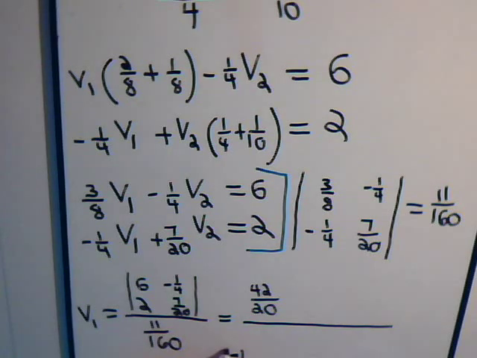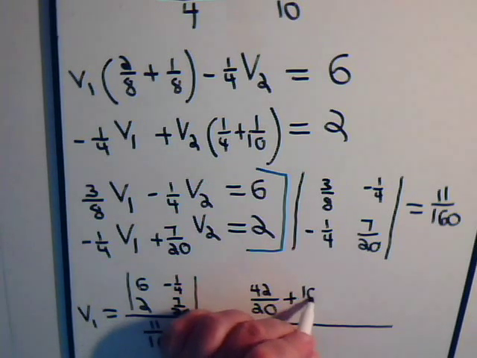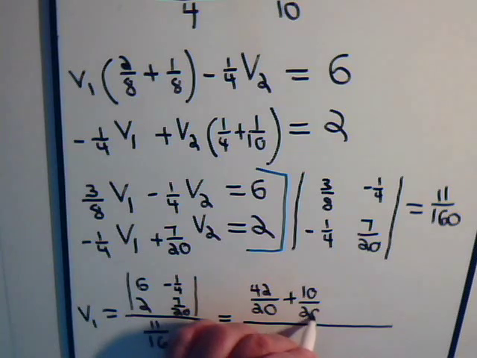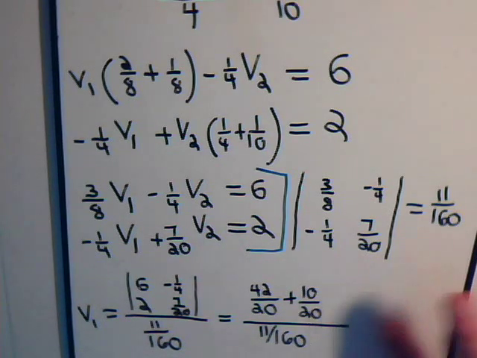We have minus 1/2, so that's plus 1/2, and 1/2 was the same thing as 10 over 20. So that's the value for this determinant, and it's divided by 11 over 160.